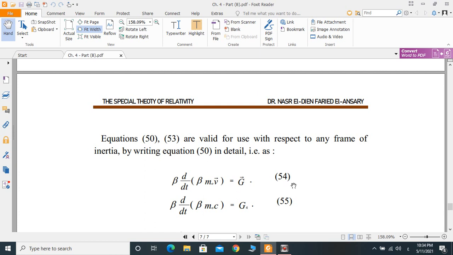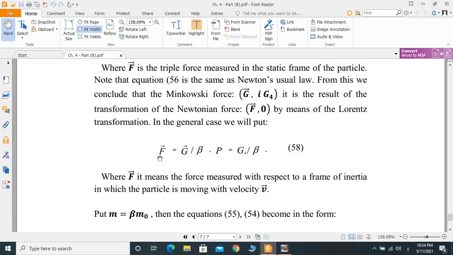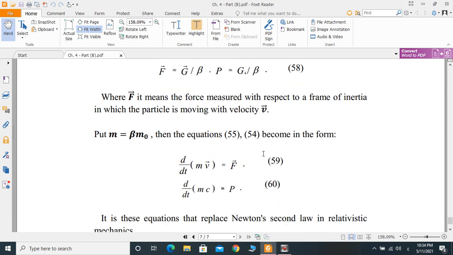Then equations 54 and 55 can be written as, if we put F equals G divided by beta and B equals G4 divided by beta, d by dt of mv equals F, and d by dt of mc equals B.